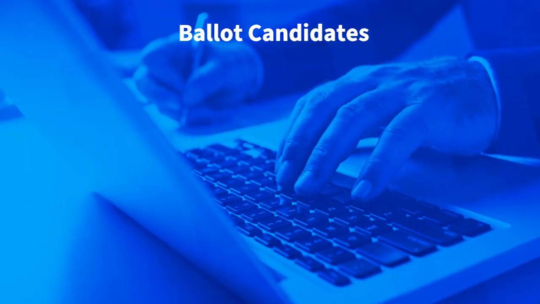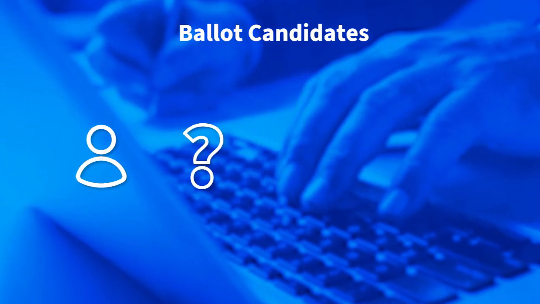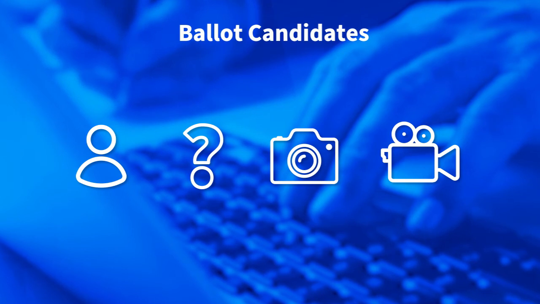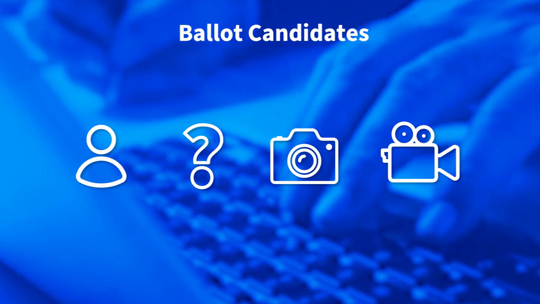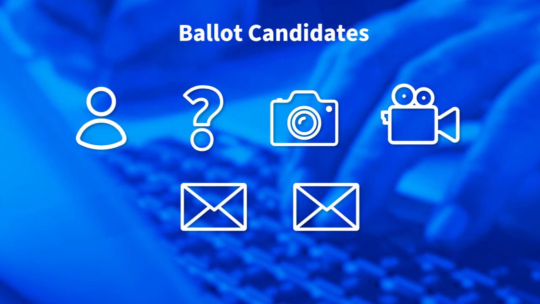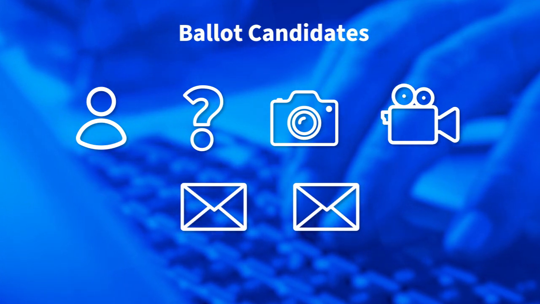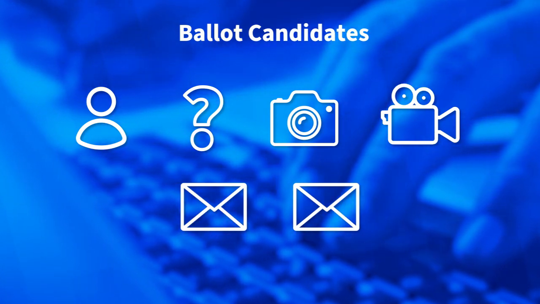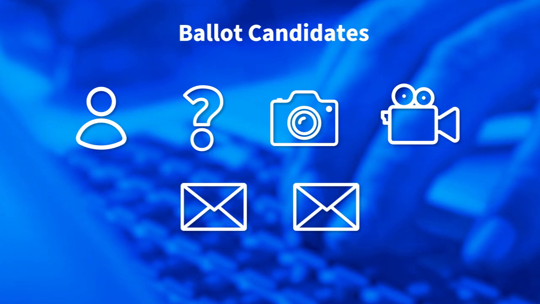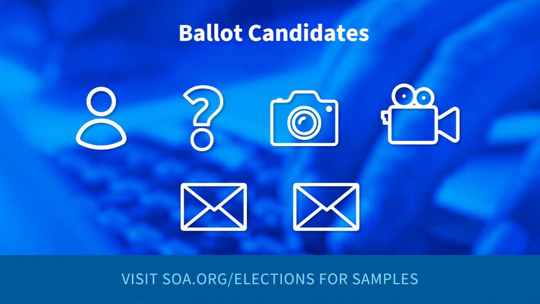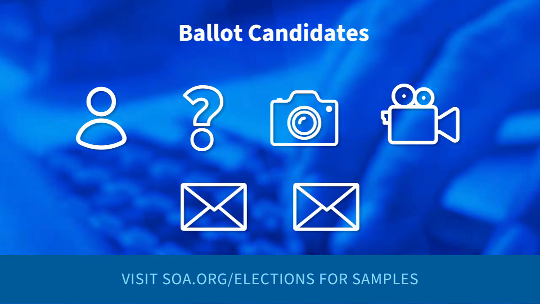All candidates will be provided a web page in which you can load bios, answers to the questions from the questionnaire, a photo, and you will have the opportunity to provide an optional video message if you wish. In addition, up to 2 emails can also be sent directly from the SOA to the voter community on behalf of your candidacy. Examples of these communications and further detail are on the election website.